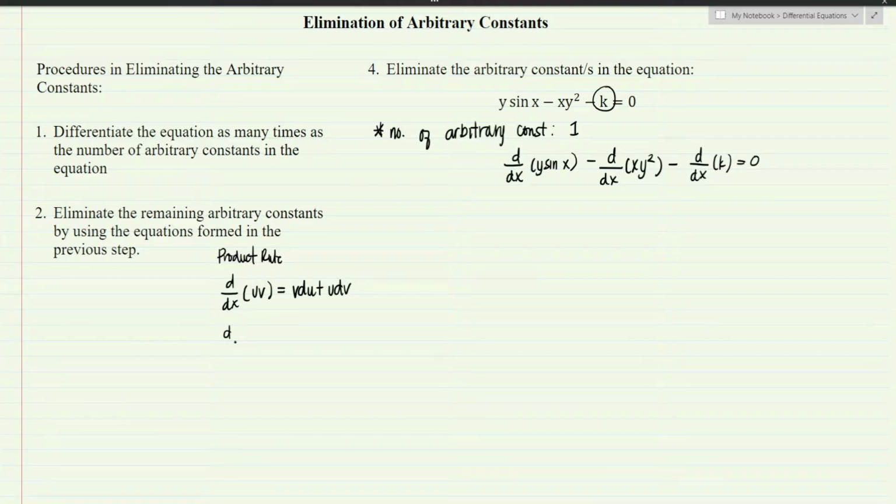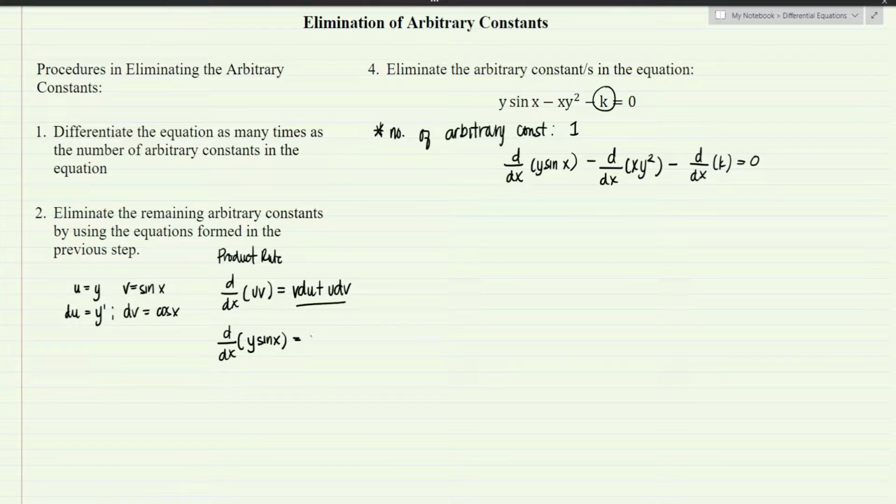So if I assign y as my u and sine x as my v, their derivative would be, for y, that would be y prime. Now for the derivative of v, derivative of sine x is cosine x.